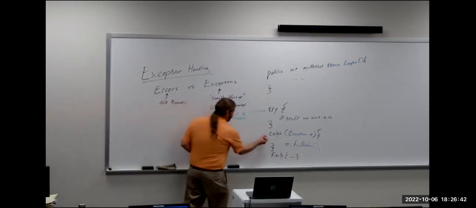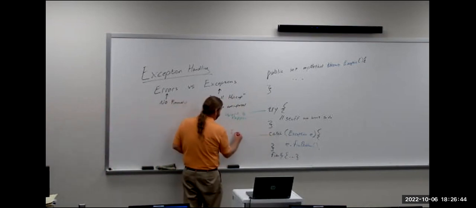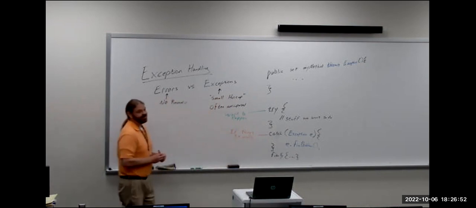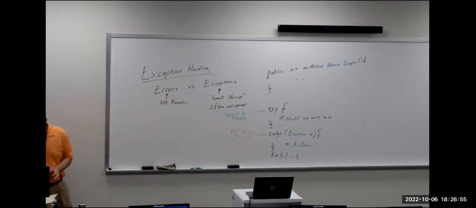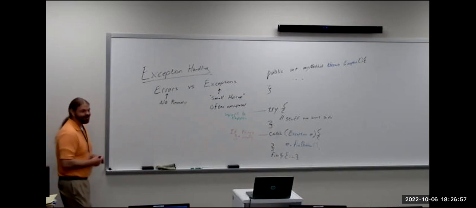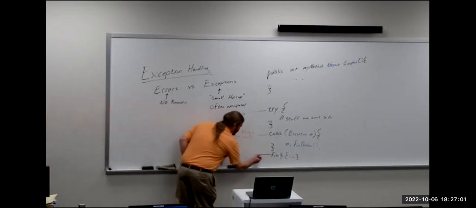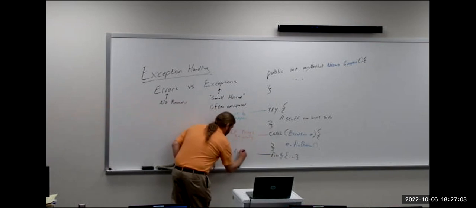Catch will kick in if things go wrong. But the only time in software development I can actually use green and red properly for the notes. And finally happens no matter what. Always happens.